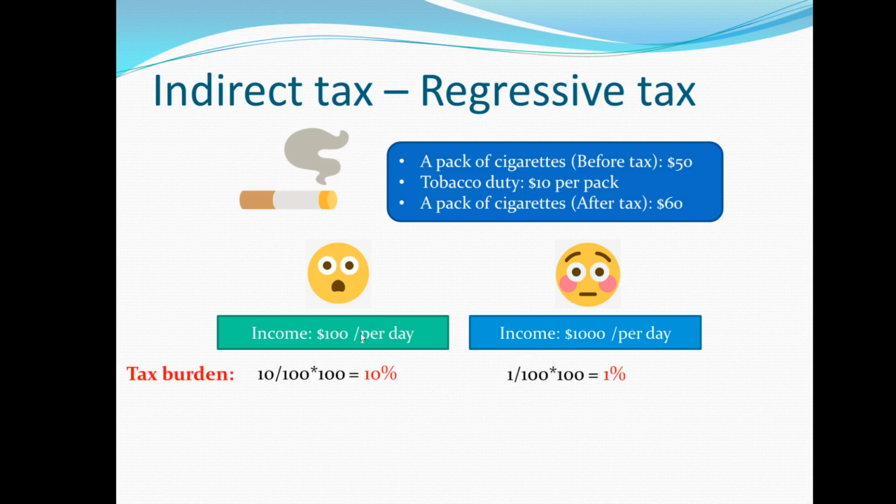For this one here, the tax burden for him or her is 10%, because based on the very simple calculation, we know it's 10%. But here, look, it's a typo right here.